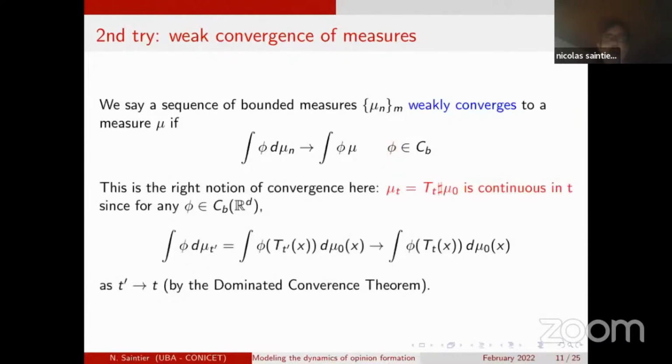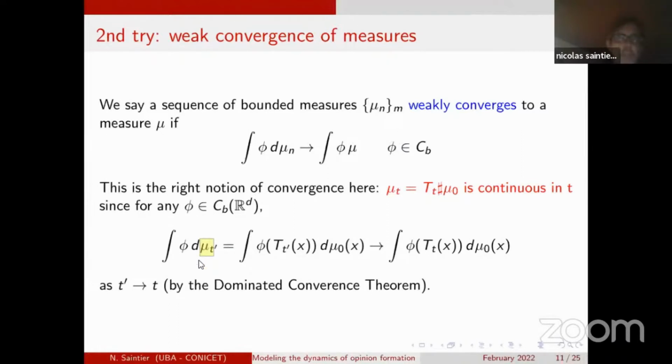So why is this the right notion of convergence for us? Well, simple. Let's say I would like to show that mu at time t prime converges to mu at time t when t prime goes to t.